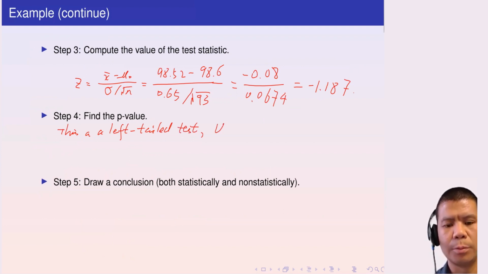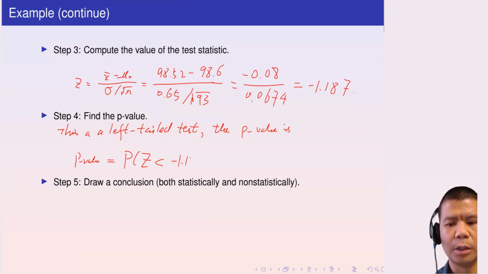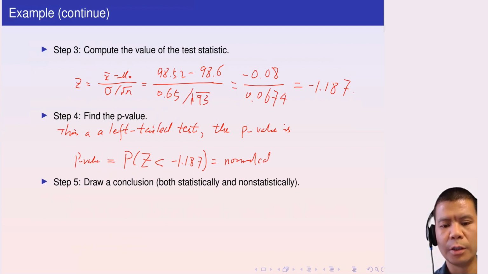So the p-value, since it's a z-test, is the probability for capital Z less than negative 1.187, which is the normal CDF with lower bound negative 10 to the power 99, upper bound negative 1.187, mean 0 and standard deviation 1.